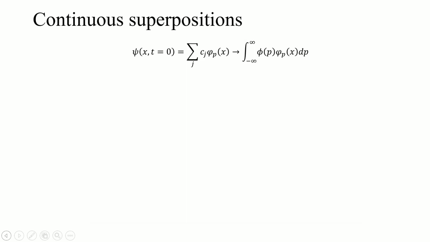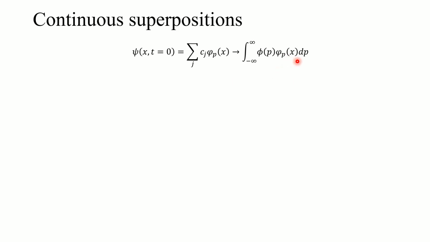What we actually have to do is look at continuous superpositions if we want to treat this properly. And in that case, what happens? Well, rather than using discrete coefficients and summing over all of them, we're going to integrate over that momentum space wave function.